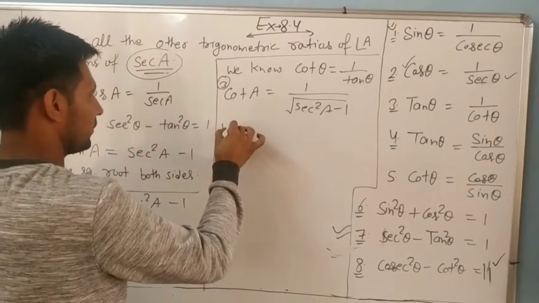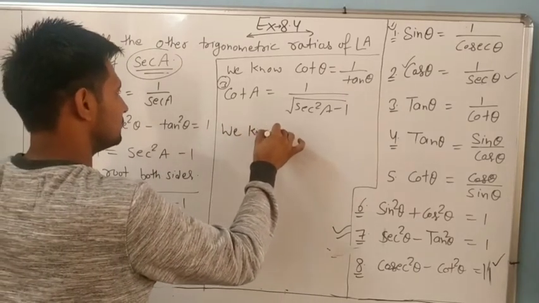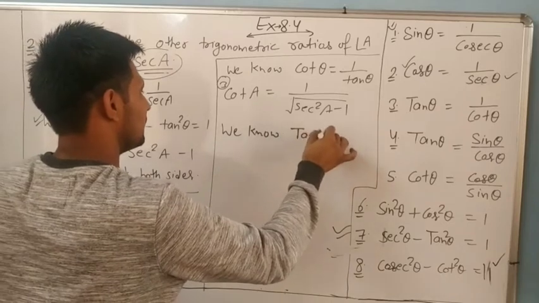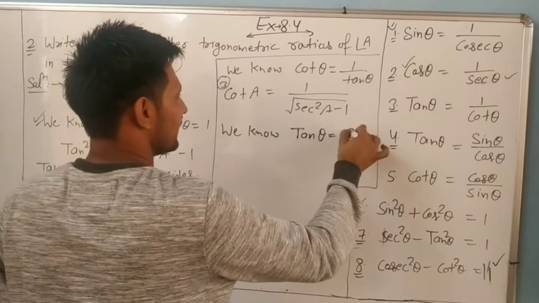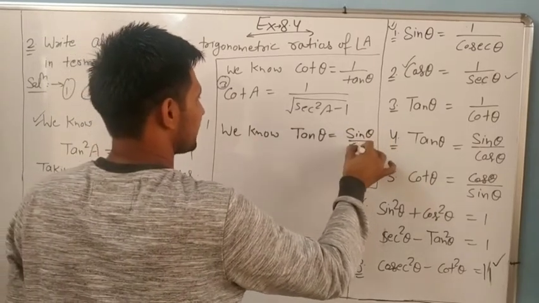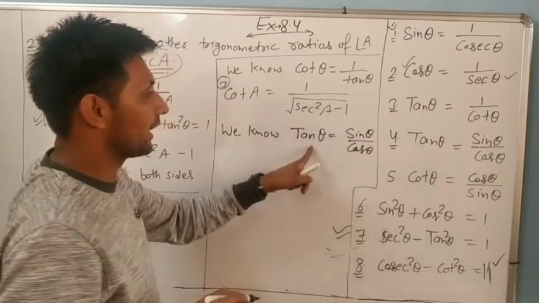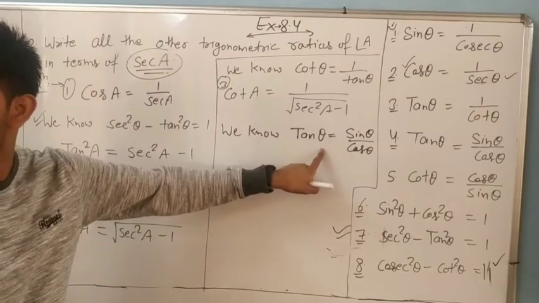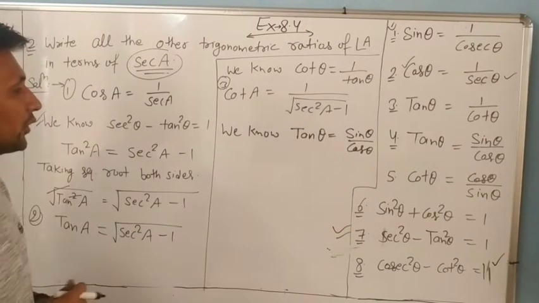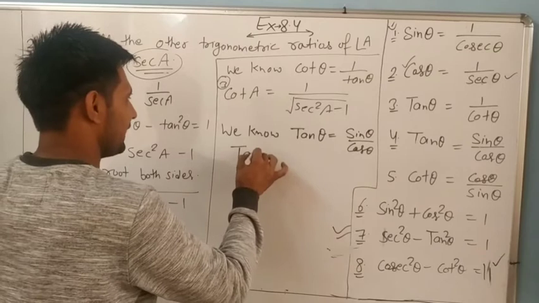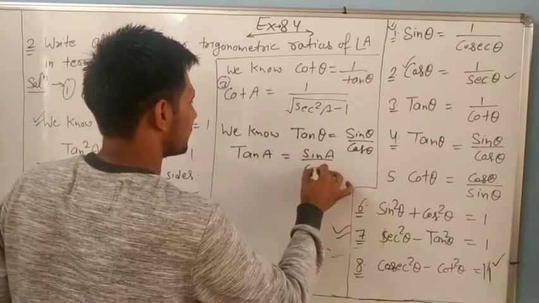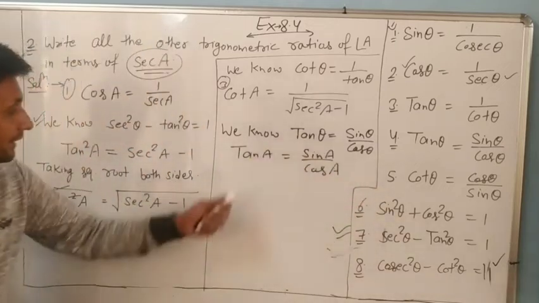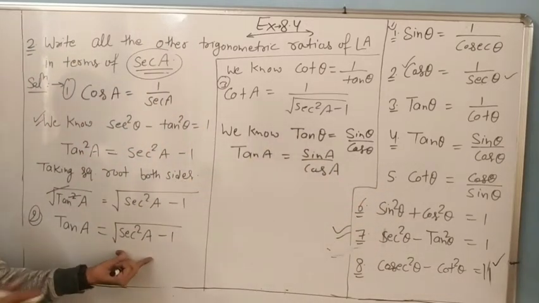So look at, we know tan theta equals, tan theta is sine by cos theta, dear. Tan theta means tan value. So you can write tan A equals sine A by cos A. Tan A value we already found. How much?